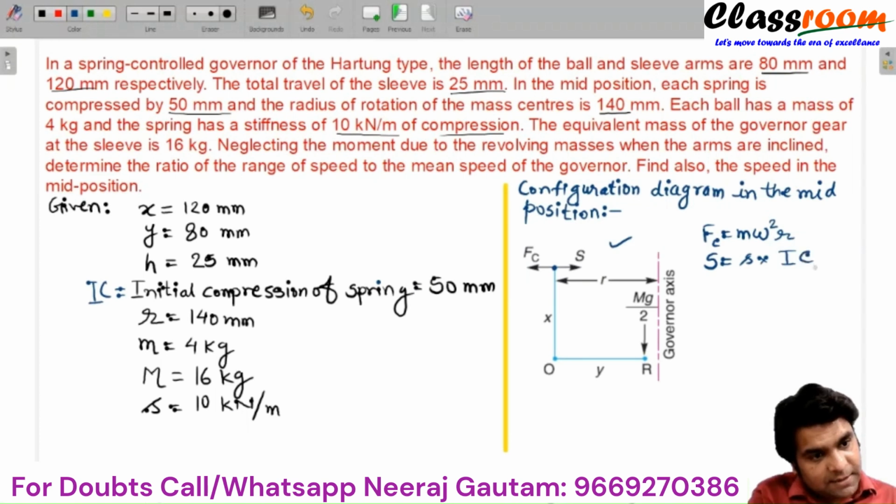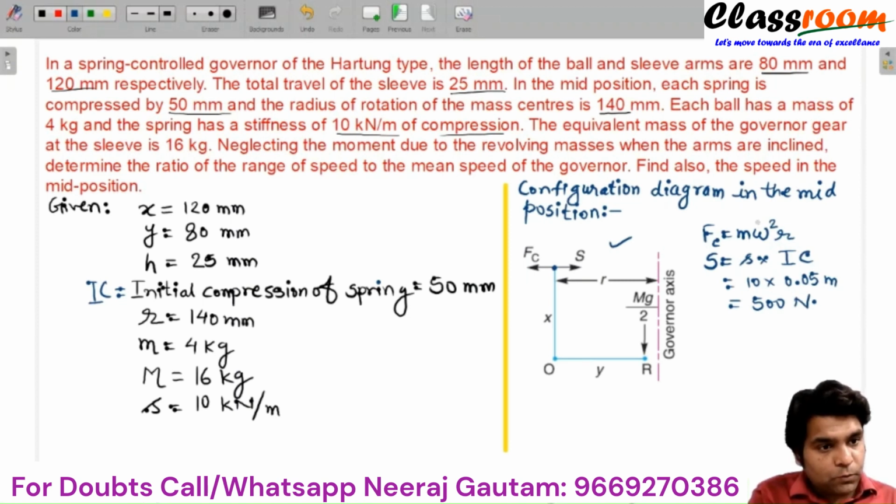The stiffness is 10 and the initial compression is 0.05 meters. 10 into 0.05 is 0.5 kN, so 500 N. We don't know the value of the mean speed and we have to determine it. That is this omega we have to calculate.